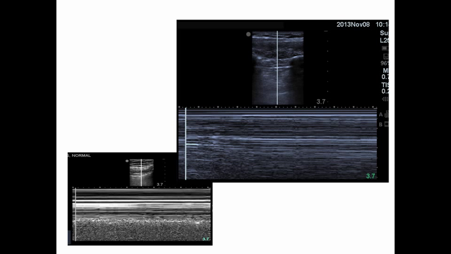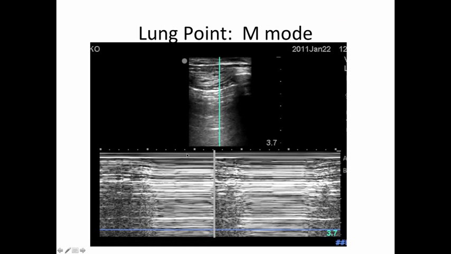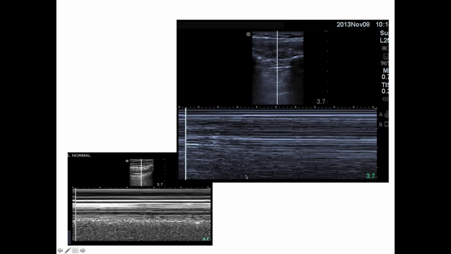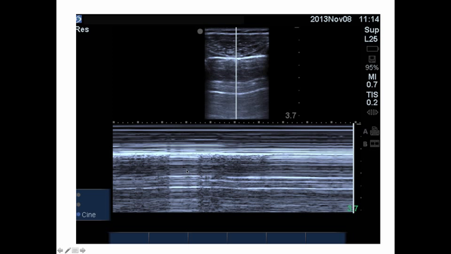So here you can see multiple cycles of breathing through the same screen, and you can slow down how quickly it images for you, or speed it up, and you can see that there were alternating signs here. It's not as crisp as I would like it, but you can see that there's barcode sign here with stratosphere sign here. This is again the same patient, stratosphere sign, Seashore Sign.